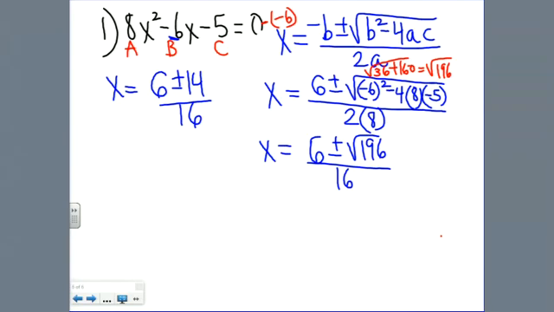Because all you're left with are numbers and no radicals, no imaginary parts, we must use the plus minus sign and split this to get our two answers. So one answer is x equal to 6 minus 14 over 16, and that will give us negative 8 over 16.